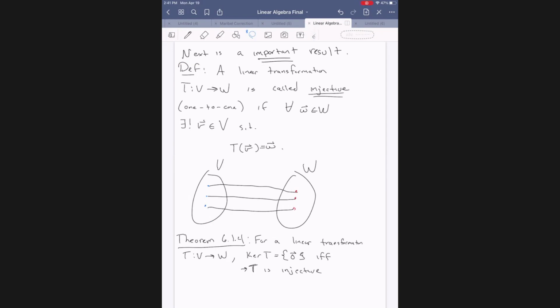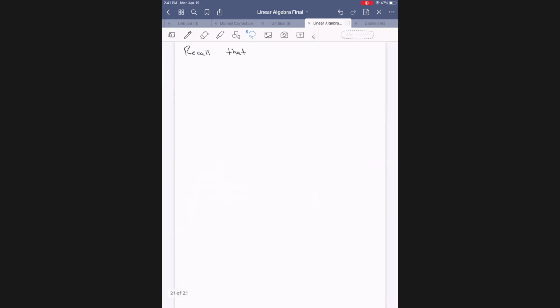So basically what I was going to write is, recall that for the matrix equation AX equals B, the equation has a unique solution if and only if AX equals 0 has only the trivial solution, right?